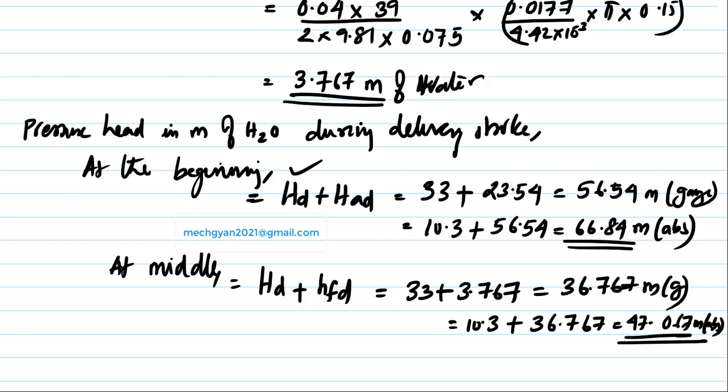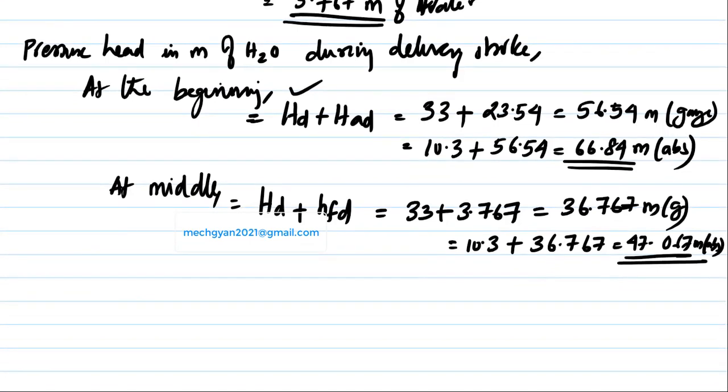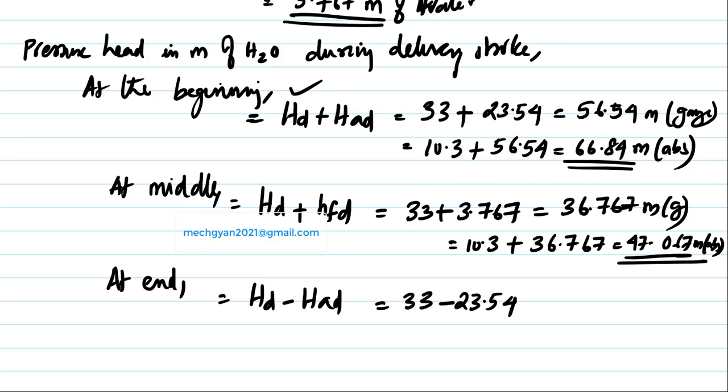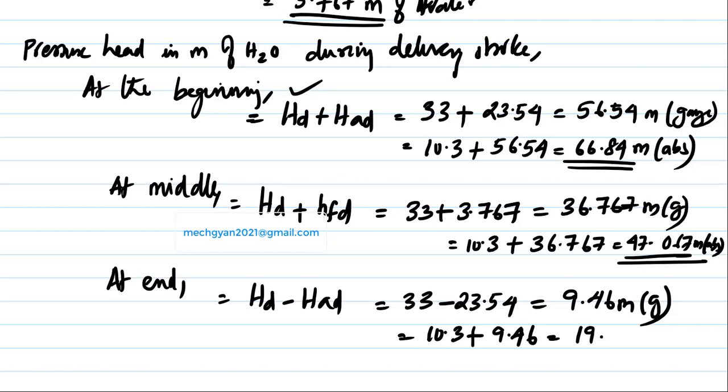Now at the beginning we found, at the middle we found. Now at the end, we have the value as HD minus HAD, that is equal to 33 minus 23.54, so that you will get 9.46 meters gauge, that is equal to 10.3 plus 9.46, that is equal to 19.76 meters absolute.